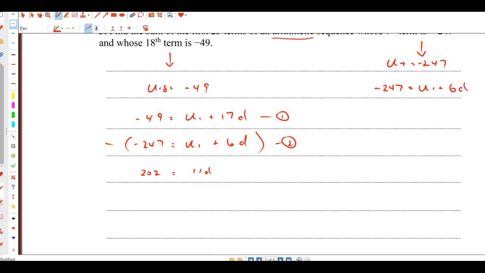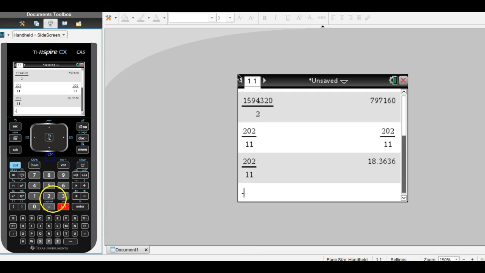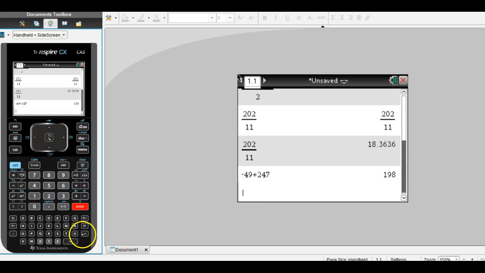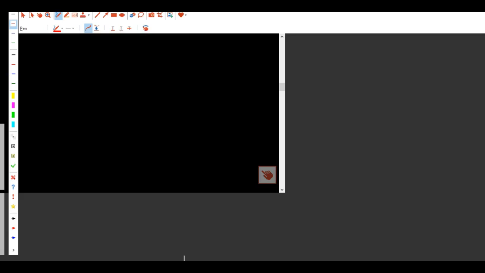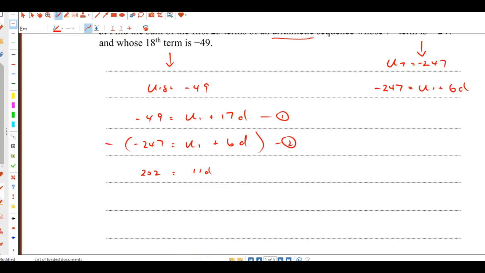Minus 49 plus 247, right? I'm going to check that. 198. So that's 198 there, my mistake on that one.